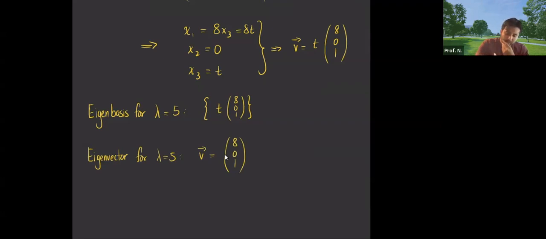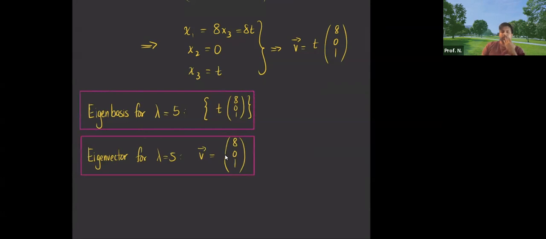Now, so far, we just are interested in finding the eigenbasis, the eigenvectors and the eigenvalues. That's the extent of what we've been considering so far. There are several things to notice, to observe, and to understand about eigenvectors.